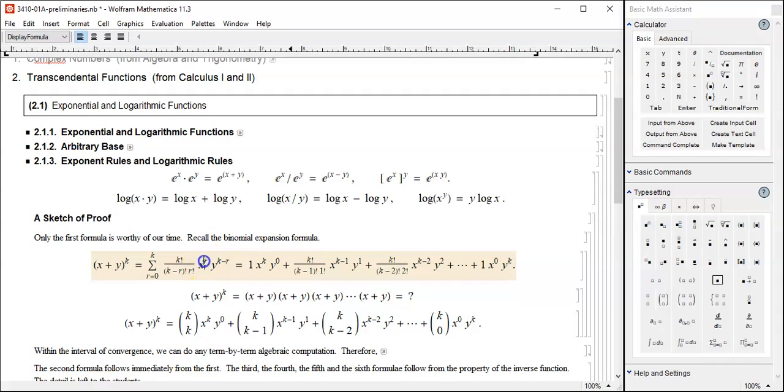Let's correct it. It is x to the k minus r power and y to the r power. Okay, that's right. R is going from 0 to k. So we start from r equal to 0, y to the 0 power, and then first power, second power, all the way to the k power. Okay, all right.